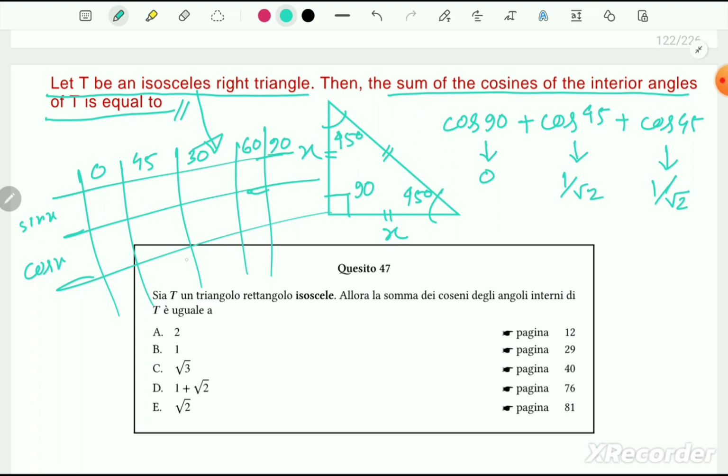You can find out other way too, like sin x 0, 1 by, okay, I skip maybe 30 degree, doesn't matter, 1 by root 2.